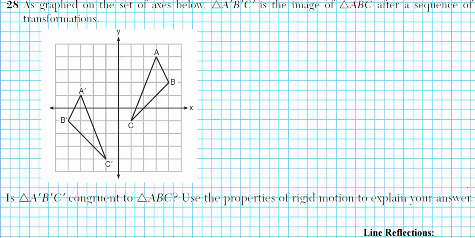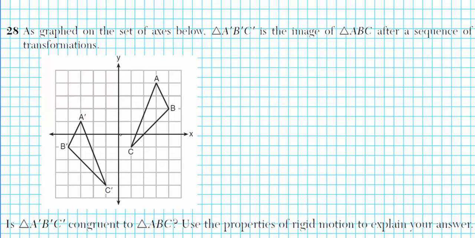In order to answer this, we can just take a look at these two figures. Do they look identical? They certainly do. The shapes look unchanged, right? So what sequence of transformations do you think will take us from the original here to the image?